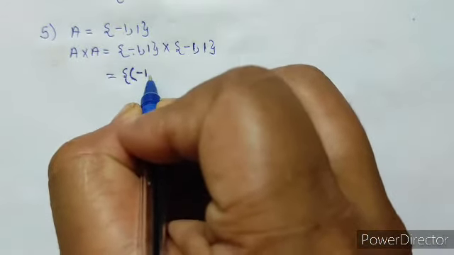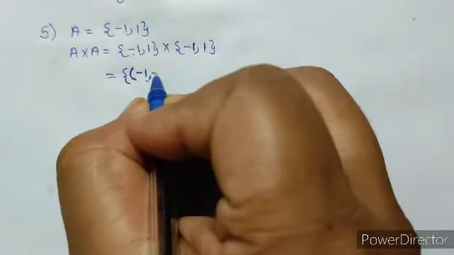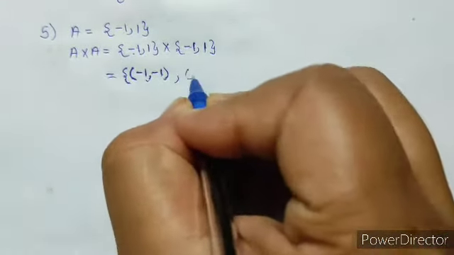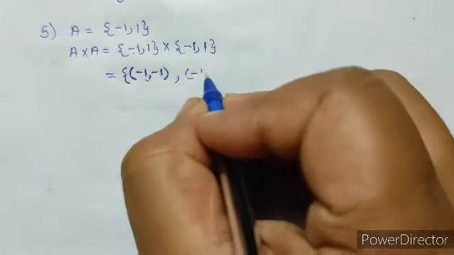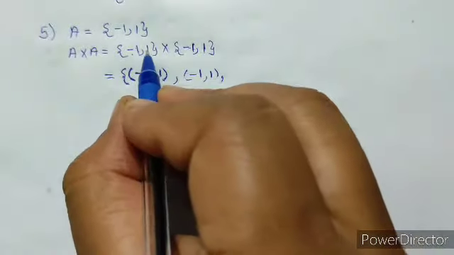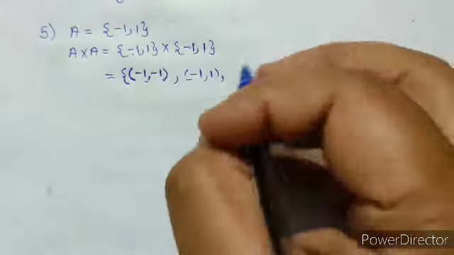Now this will be: first ordered pair will be (-1, -1), second ordered pair will be (-1, 1), third will be (1, -1), and fourth will be (1, 1).